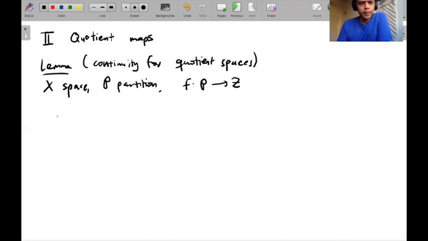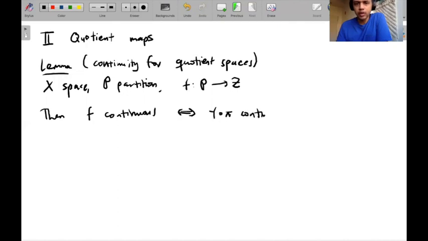So then F is continuous if and only if pi composed with F is continuous. So this is the statement. Let me draw a diagram to show you what's going on.